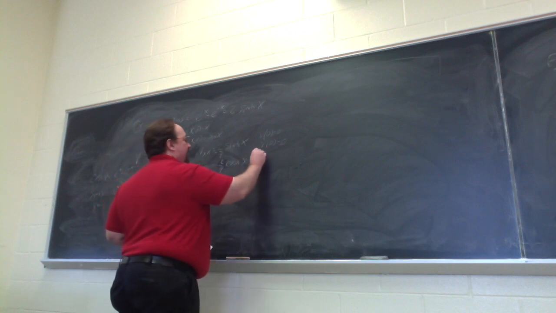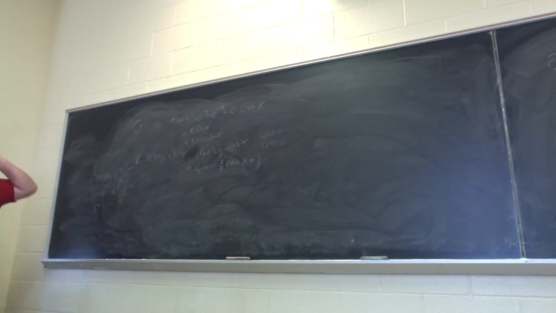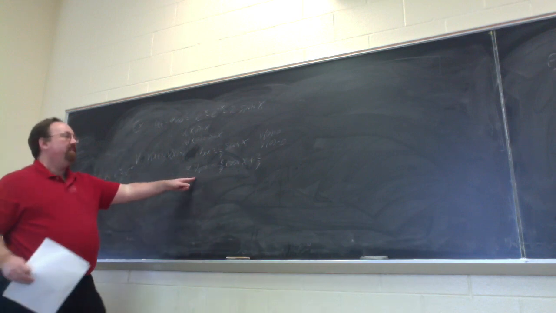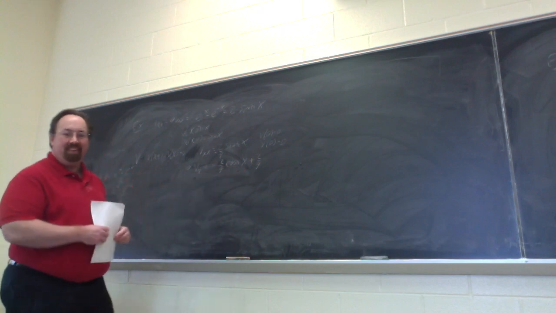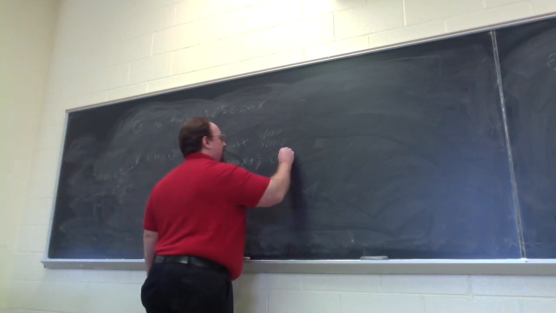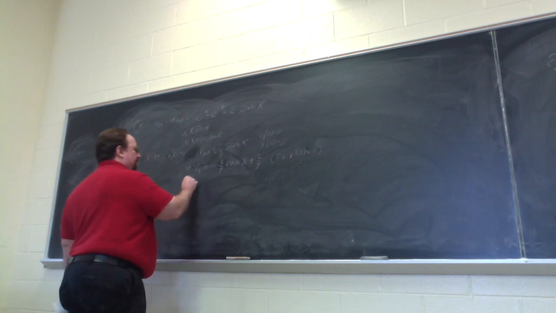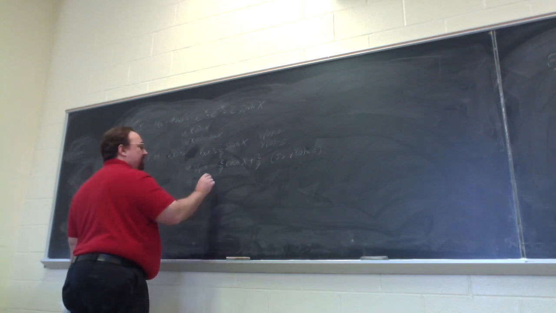So I'll go ahead and add 2/9, and now it satisfies v prime of 0 is 0. Okay. And then I integrate again. So now what am I going to get?